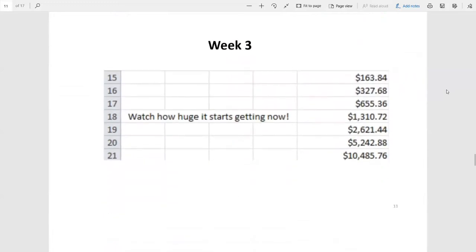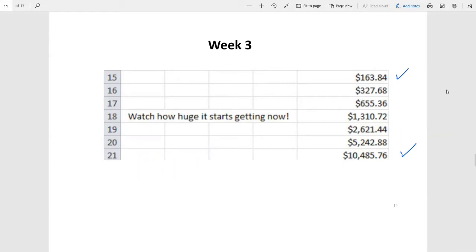Week 3, on the first day of week 3, you make $163.84. Finally, on the 21st day, you make $10,485.76. This total is still a good bit less than the 200,000.